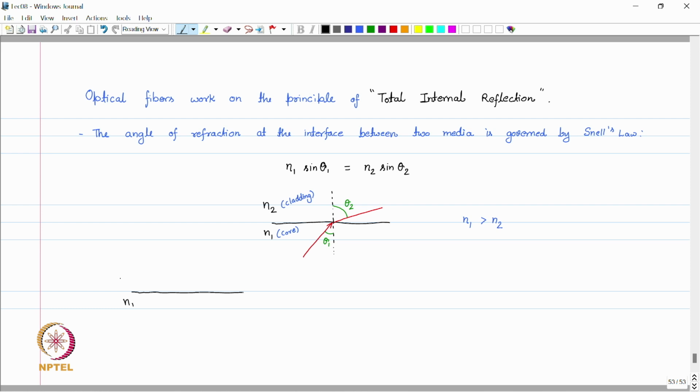This is n 1, this is n 2, this is the interface, and the wave comes from media 1 and remains at the interface, so this theta 2 becomes 90 degrees.